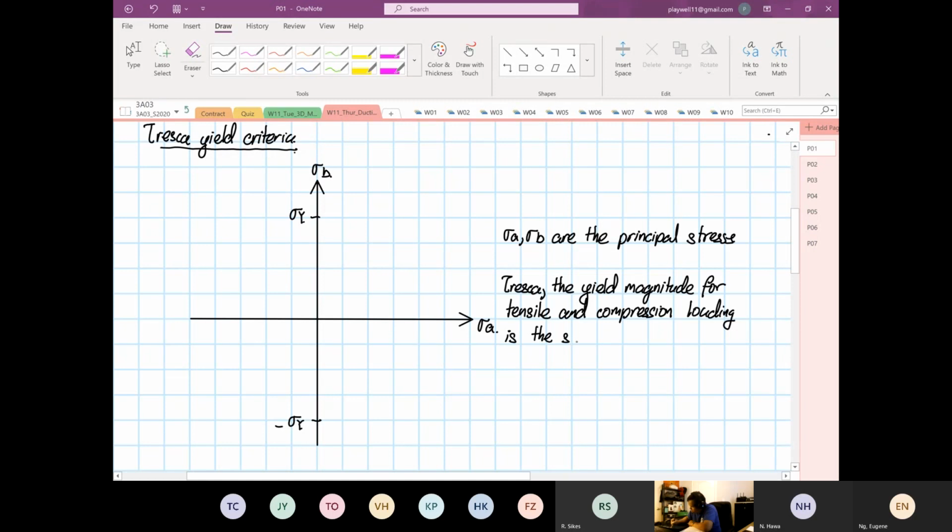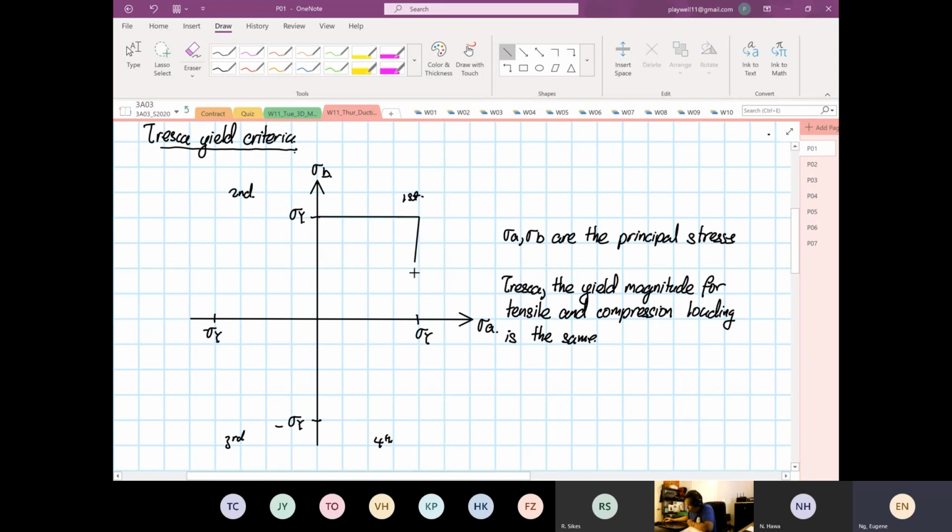Over here that is our stress U, and over here that is our minus stress U. On Tresca's criteria, we call this the first quadrant, second, third, and fourth. For Tresca, this is the operating bracket that he has constructed, and I'm going to explain why this operating bracket.